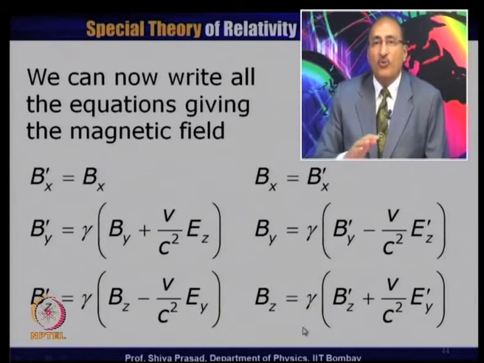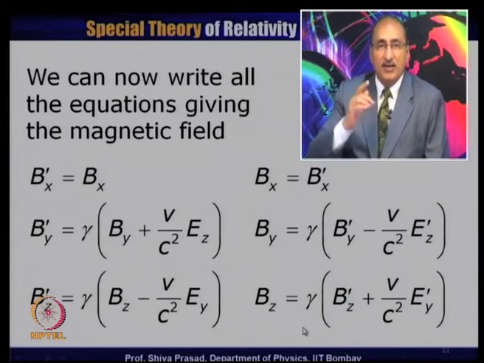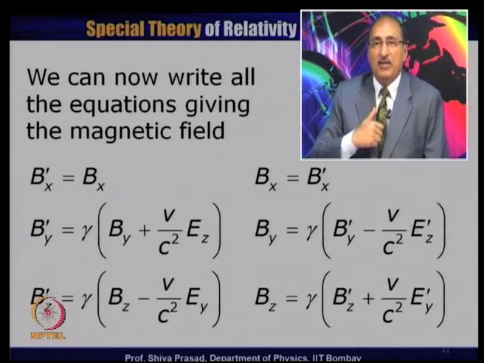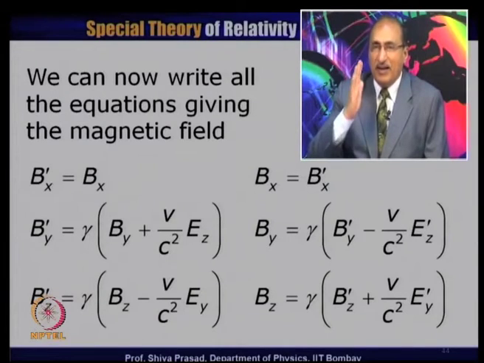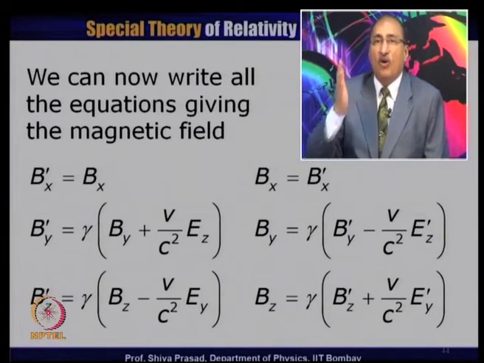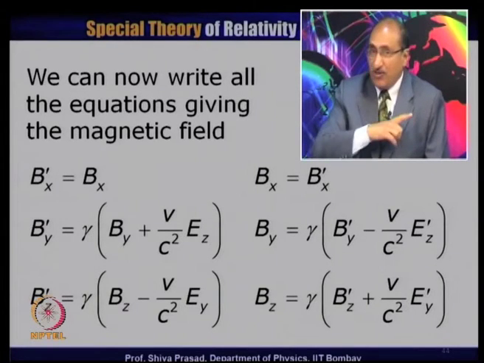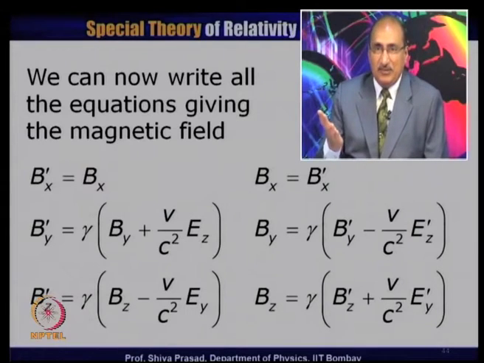We have already found out the relationship which gives me Ex, Ey, Ez, Ex prime, Ey prime, Ez prime. It essentially means that, for example, if I know what are the magnetic field and electric field in S prime frame of reference, I can always find out what will be the electric field and magnetic field in S frame of reference, or vice versa, using these equations.